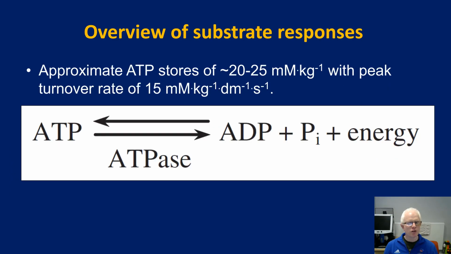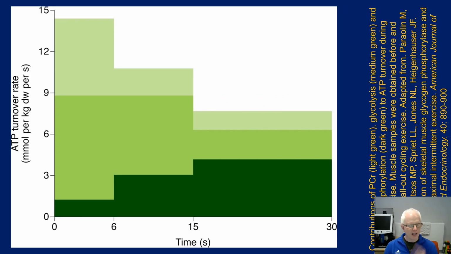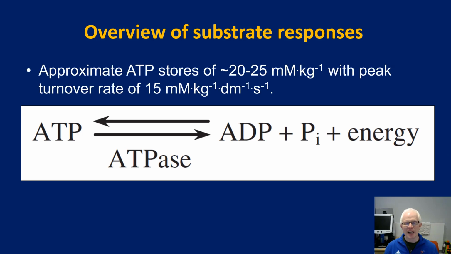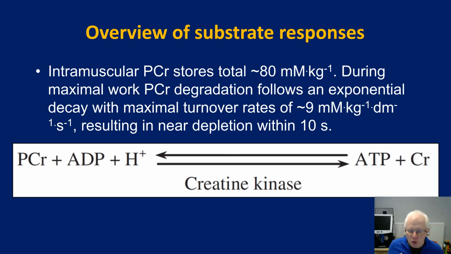If we go back through the slides, notice that after about 6 seconds, you get quite a significant decline in the PCR, and we start to get a reliance on other substrates contributing. Remember that we're still trying to maintain the leg speed of our 400-meter runner, but the reaction is starting to slow because we've got less PCR.